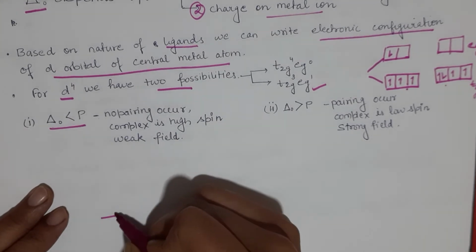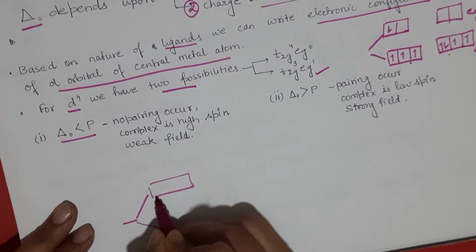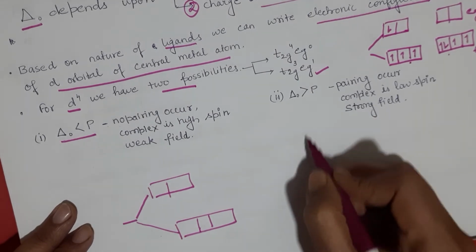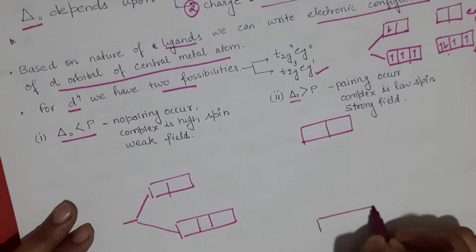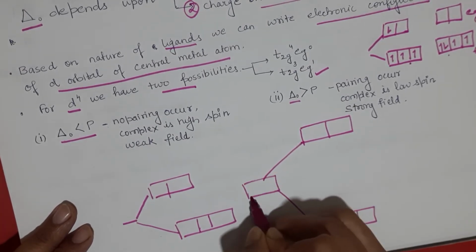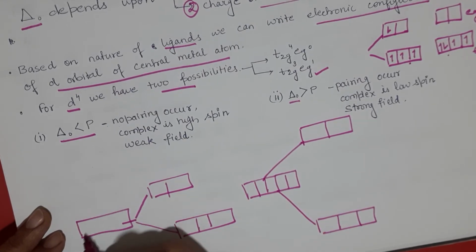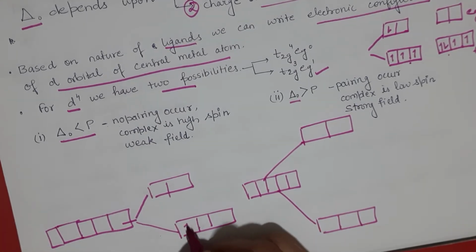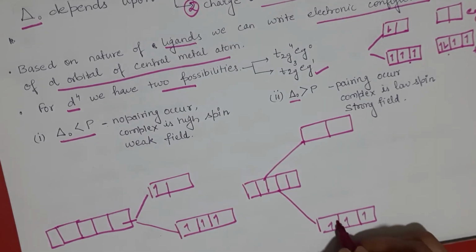Let's say if we have this, and in this case delta naught is high, it means the crystal field splitting energy is high here. 1, 2, 3 and 4.